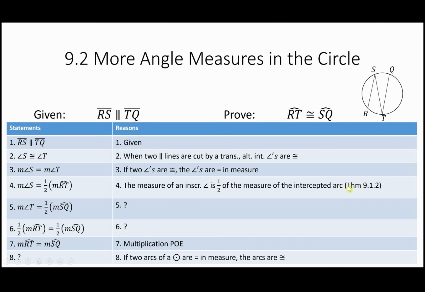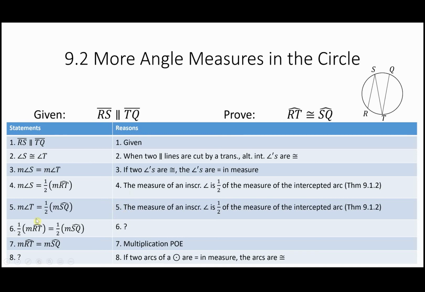I went ahead and referenced the theorem as well, not that you need to in your proof writing. I say a similar statement for the measure of angle T, that it's 1/2 of its intercepted arc, and so I get to use the same exact justification for that. In fact, I copied and pasted it. If you don't want to write this whole thing out again in your notes, you can just say same as for. That would be perfectly fine.